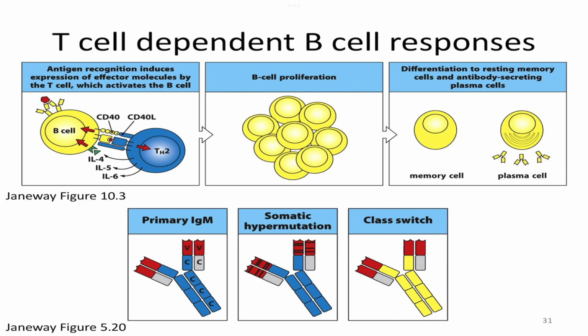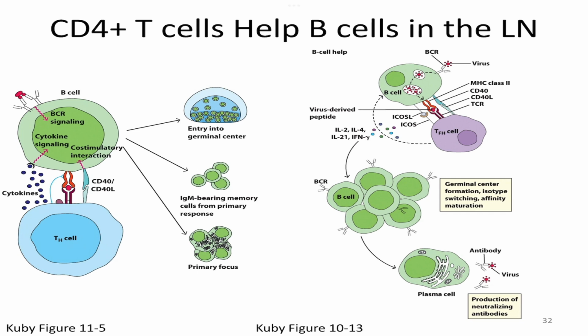So in order to make a T-dependent response, our B cell needs help in the lymph node or in the other secondary lymphoid organ. And oh my gosh, that's happening from a CD4 T cell, the cells that we were talking about a little bit earlier.